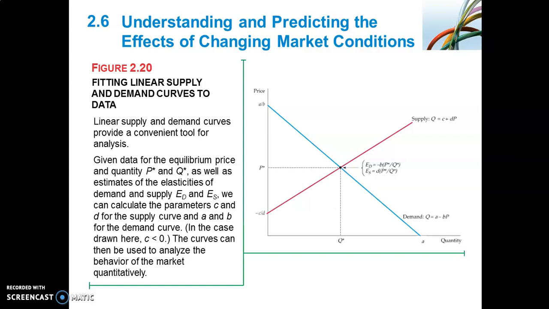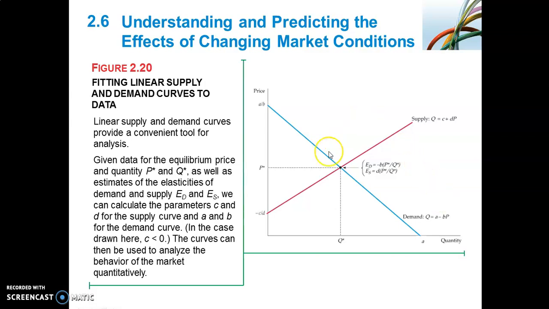affecting price and quantity. So to recap figure 2.2, we have our supply curve in the linear form, where Q is the subject of the formula, and we have our parameters C and D, and we have our linear demand curve with our parameters A and B. We are going to use the following two steps to find these parameters.